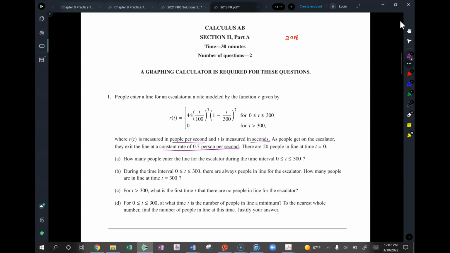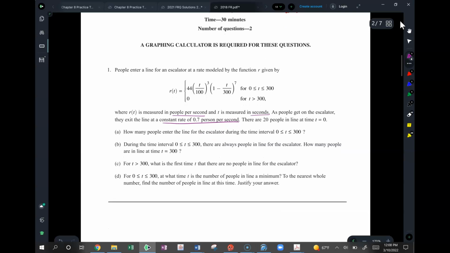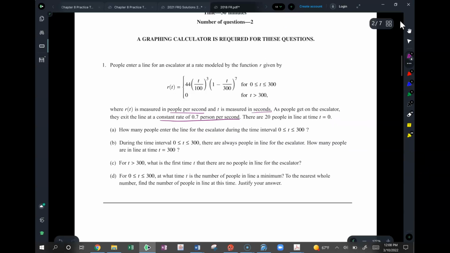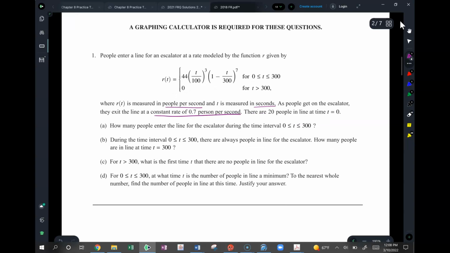All right. So how many people enter the line for the escalator during the interval 0 to 300? So this is the rate of people. And here you want the amount of people. That is an integral, right?